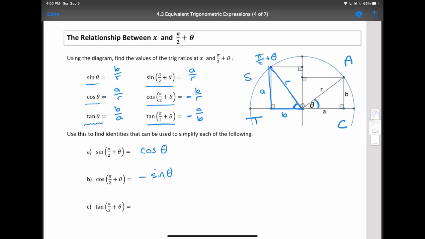So I can say that that must be negative 1 over tan theta, or negative cotangent theta, if you're someone who likes the secondary ratios.